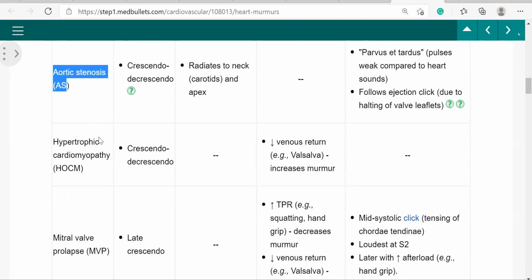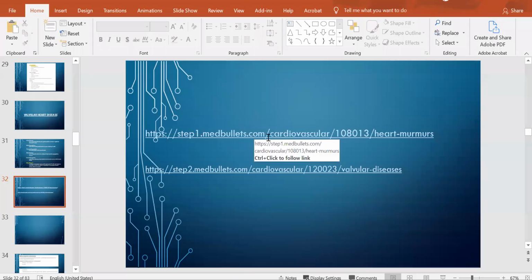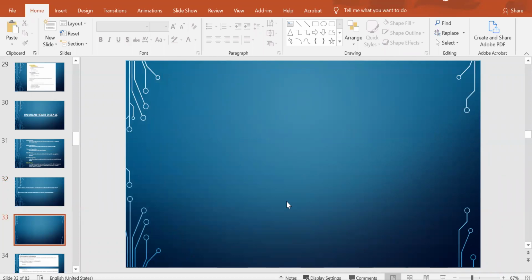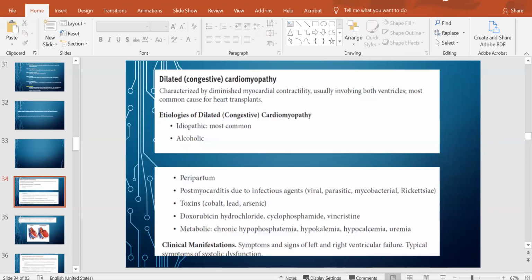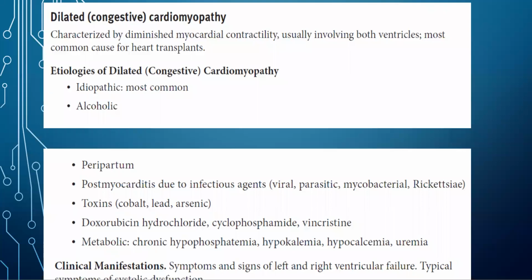Okay, not at the site of aortic stenosis. So go through this guideline, MedBullets. Both of these have all the murmurs well written if you have any difficulty understanding it. But you need to memorize these murmurs. It's important, it comes in the exam.